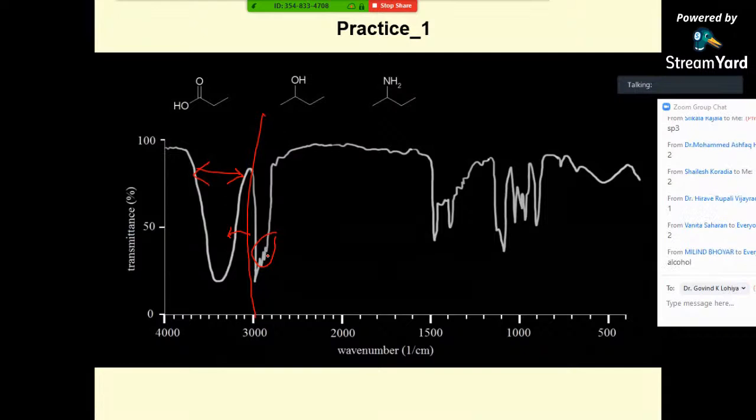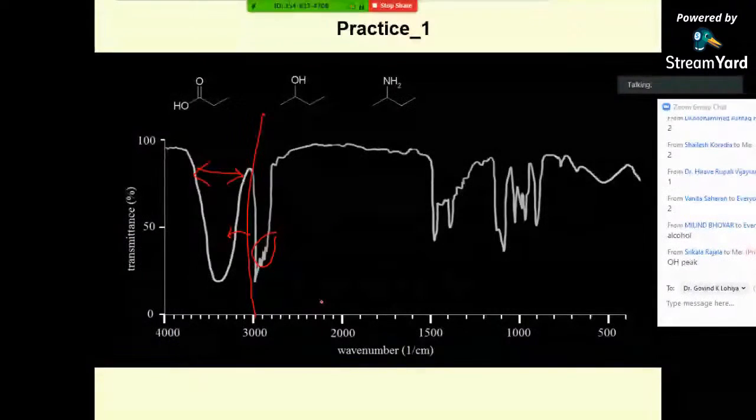Now here I told one very specific thing regarding alcohols. OH of alcohol, remember, just stick your tongue out of your mouth, and how it looks, a similar peak will appear due to alcohols because of the hydrogen bonding.